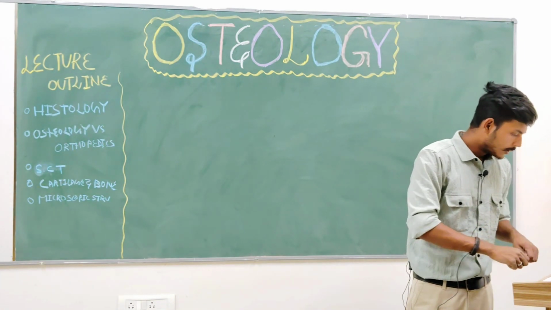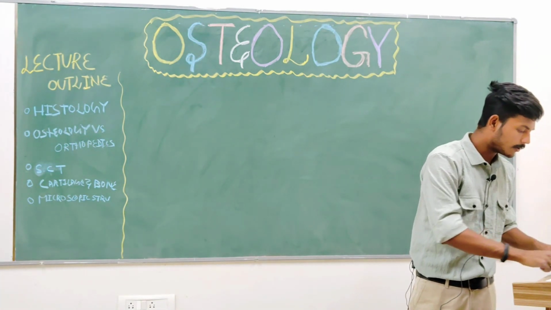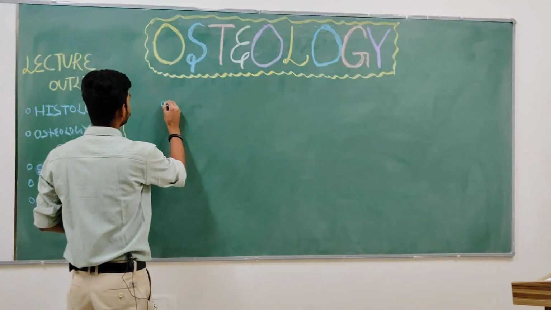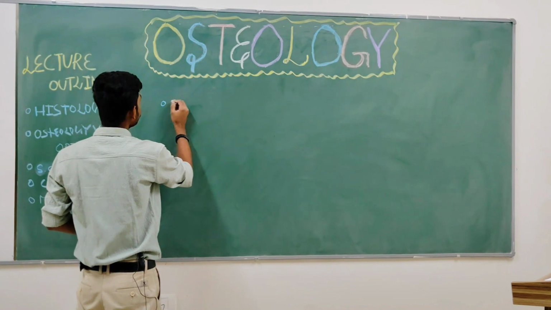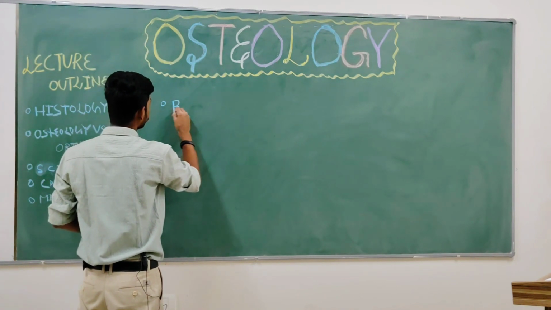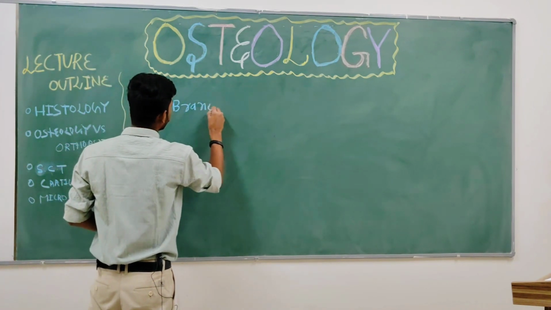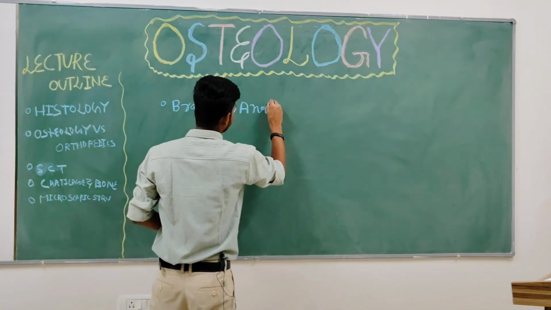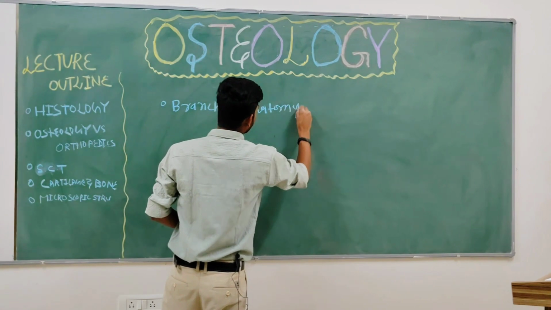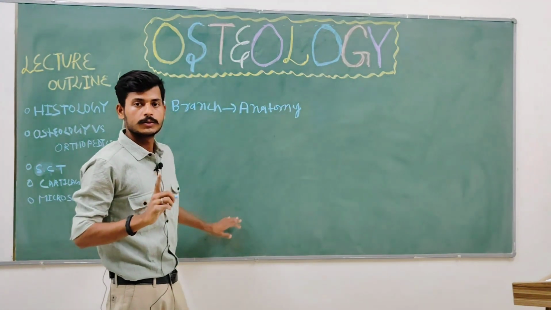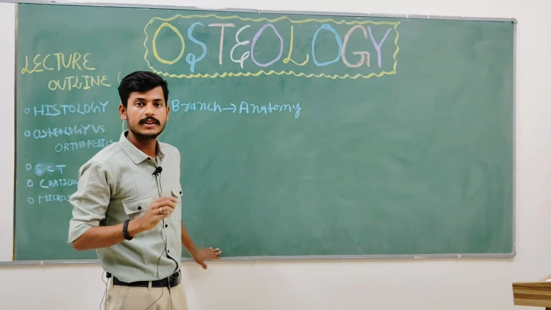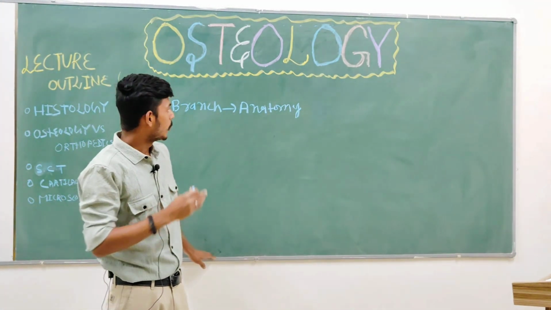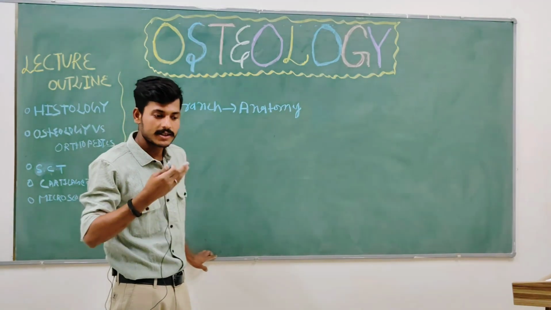First, I should define the meaning of osteology and orthopedics. See, osteology is a branch of anatomy, and you know that anatomy is basically a sectional study. We dissect the parts and we study.